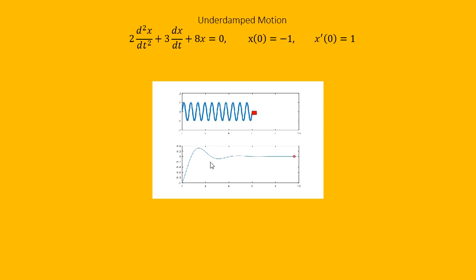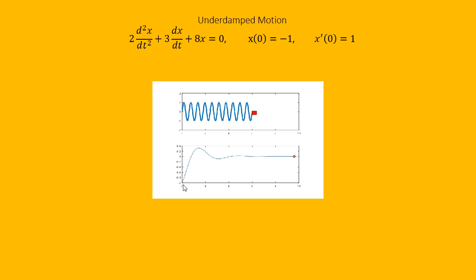Down here is a graph of the displacement of the end of the spring from equilibrium position as a function of time. On the horizontal axis, we're measuring time from 0 through 10. On the vertical axis, we are measuring displacement from equilibrium.